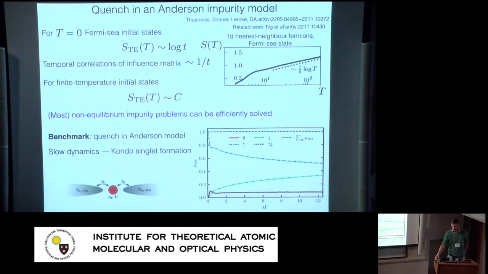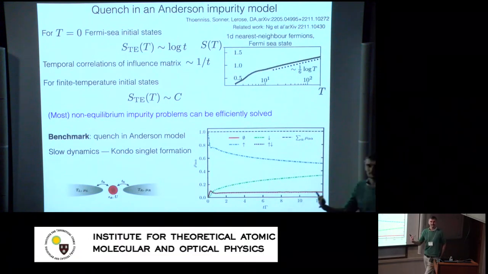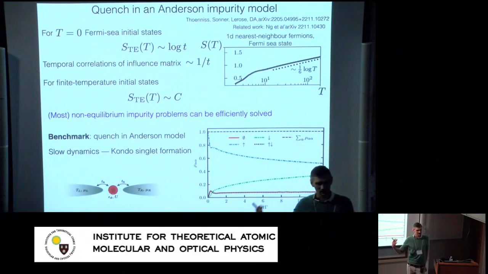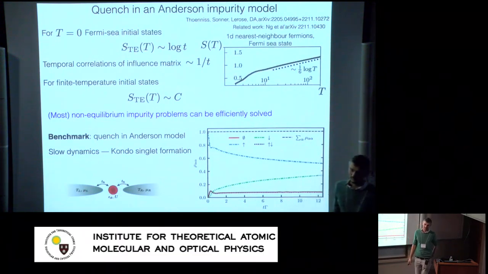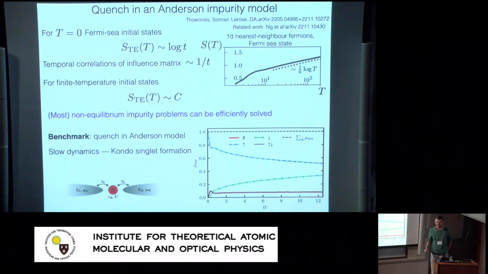What is important is that results on temporal entanglement give you guarantees of efficiency, which, for example, if you're doing quantum Monte Carlo, is a lot harder. As I mentioned, in the most interesting case of low temperatures, temporal entanglement grows a little bit faster, logarithmically in time, but still this is good enough to have polynomial complexity guarantees.